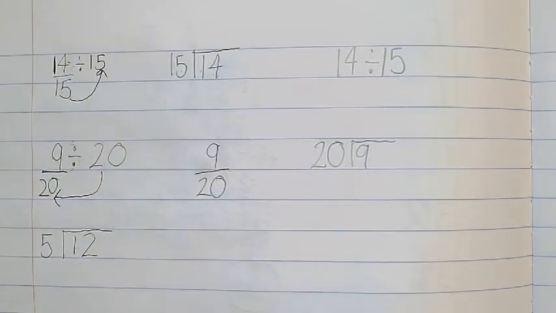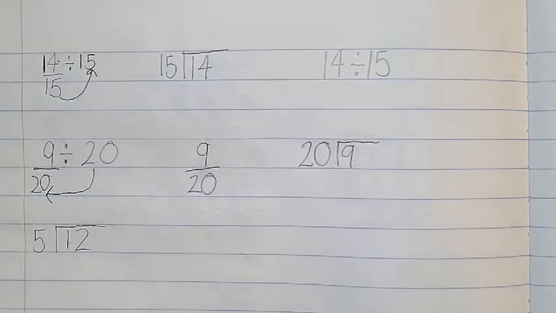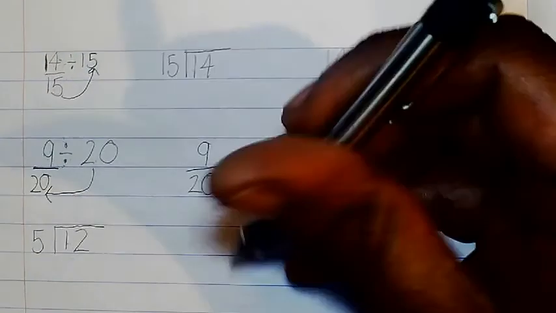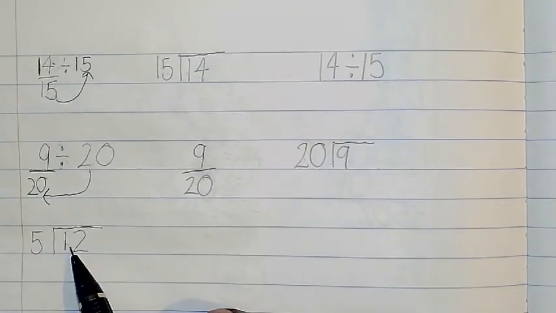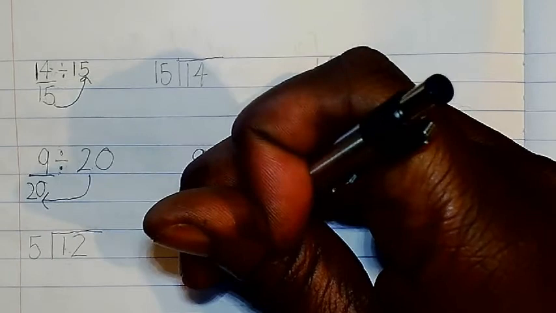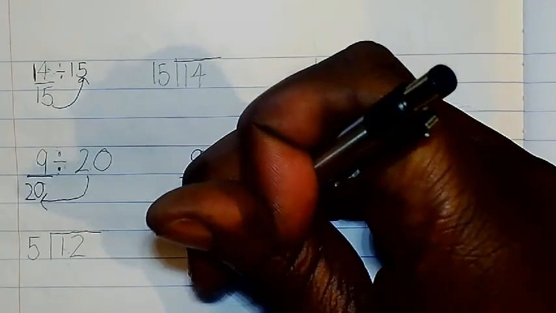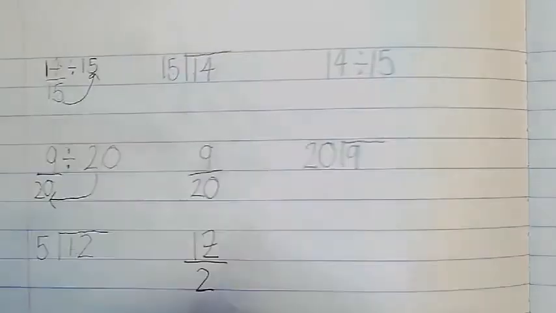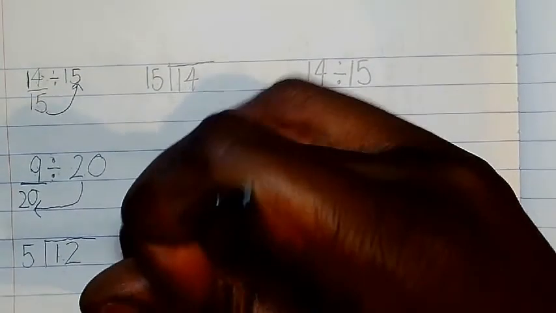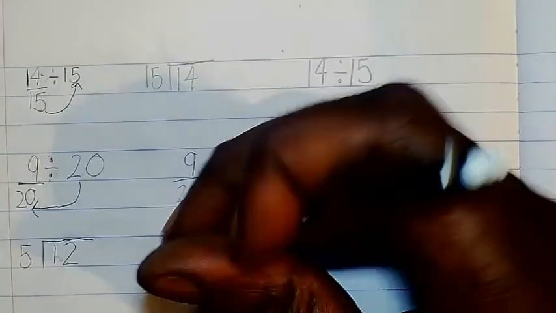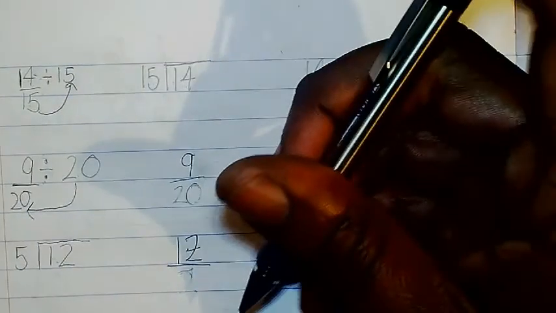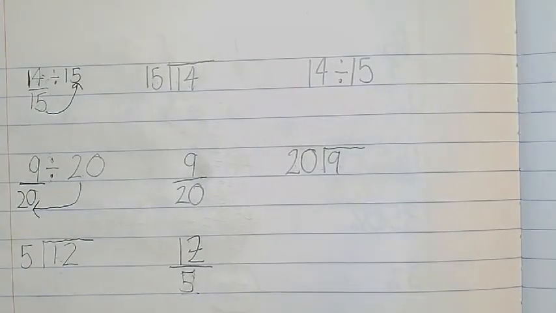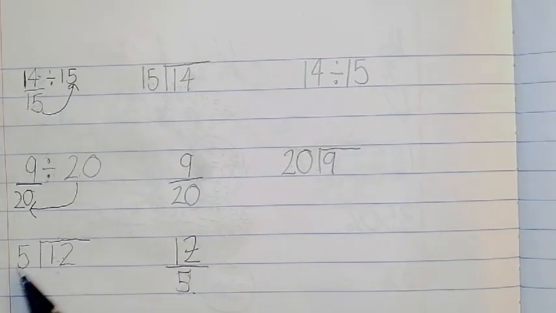All right? All right, so the last one here. If I wanted to rewrite this as a fraction, I would have top value inside. That's 12. Bottom value outside. Oh, that's not 12. So that's 5. So that's 12 divided by 5.